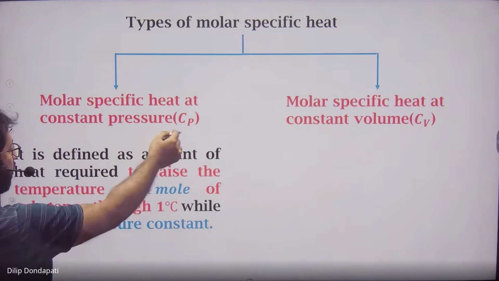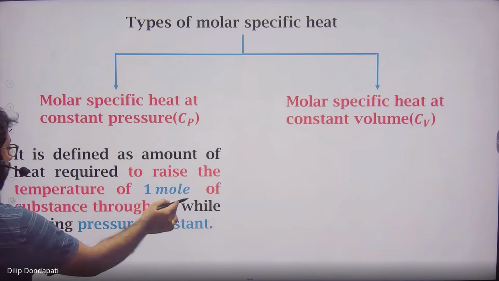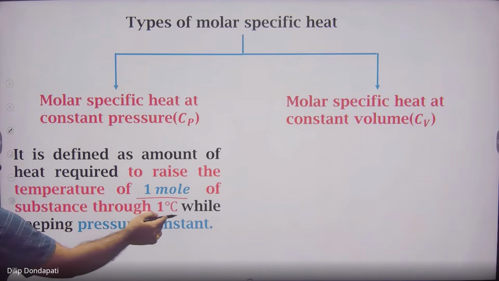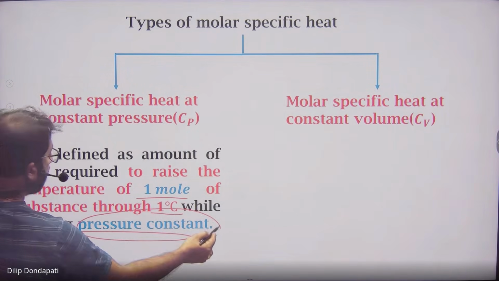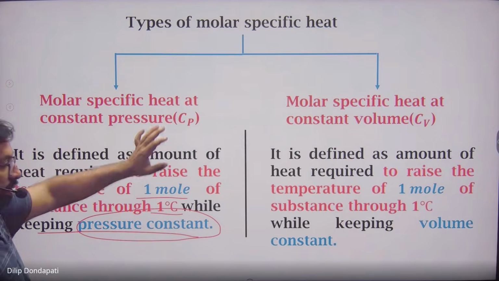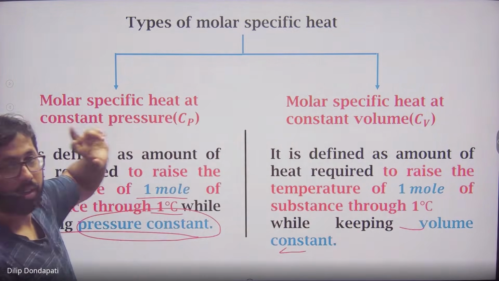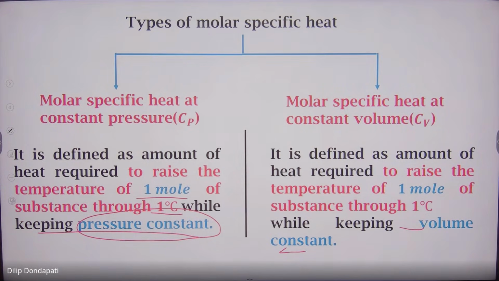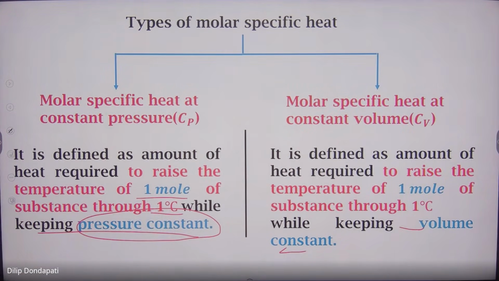It is the amount of heat required to raise the temperature of 1 mole of a gas by 1 degree Celsius while keeping pressure constant. Just one sentence is added: pressure constant. Similarly, the same definition with volume constant. This is CV. Heat depends on constant pressure or constant volume; based on that only, the definition will change.